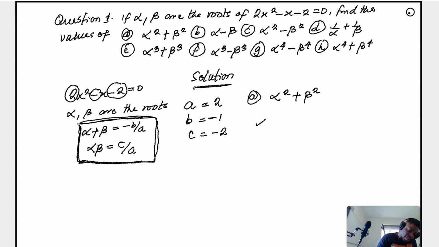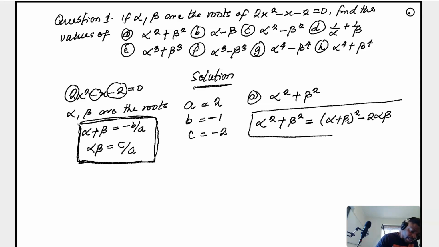So let's start with this. Alpha squared plus beta squared is the same thing as alpha plus beta squared minus 2 alpha beta. So you need to know that this is the same thing as this.